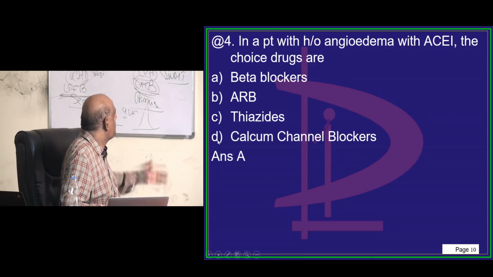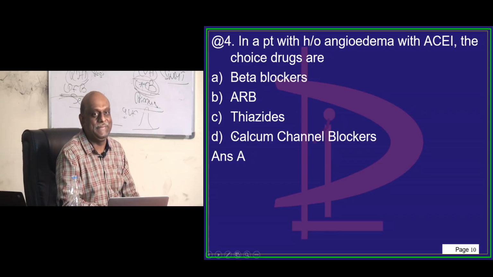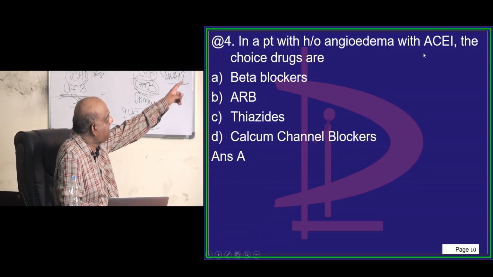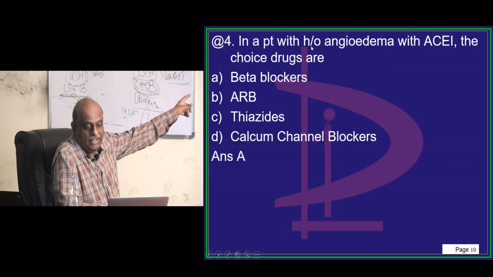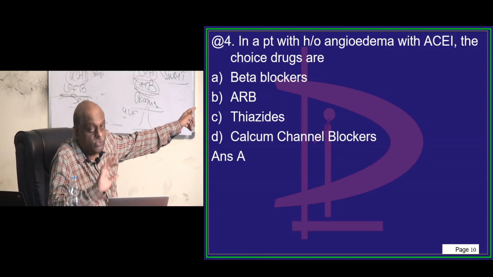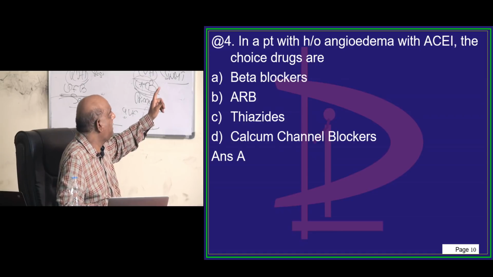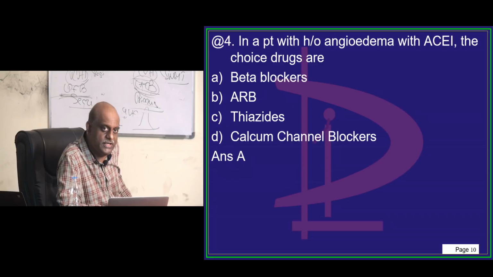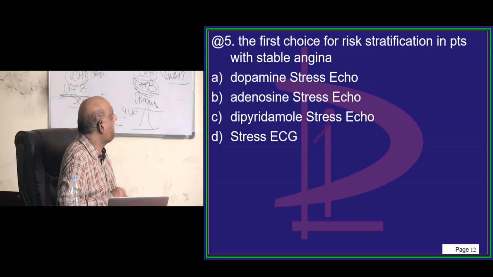Soundarya proposes ARBs, no. Beta blockers. Beta blockers are the drug of choice if the ACE inhibitor has angioedema as a side effect. We are not talking about the cough, but the angioedema. Then ARBs also have a proclivity for causing angioedema in the people who have that proclivity with ACE inhibitors, is what you need to remember.